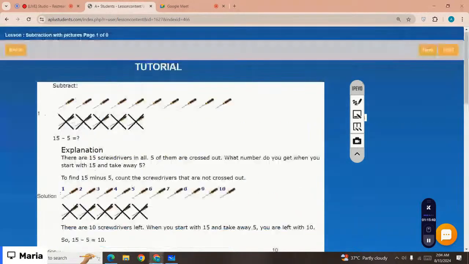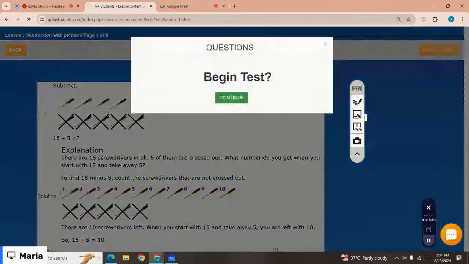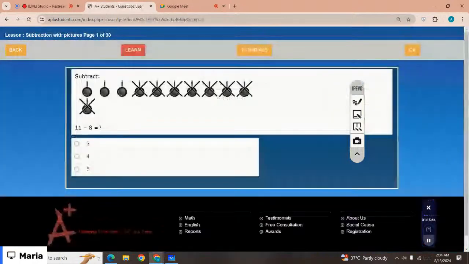Let's just start with the test questions. Okay, subtract, that is 11 take away 8. So you need to count the pans that are not crossed. So how many of them are not crossed?